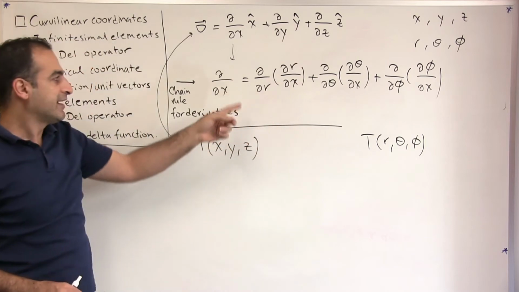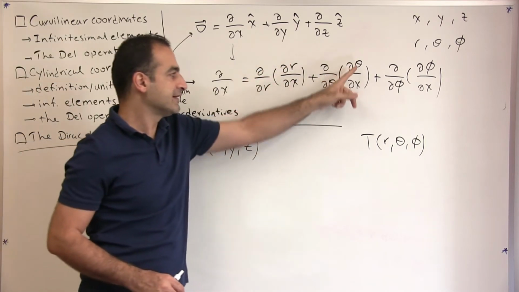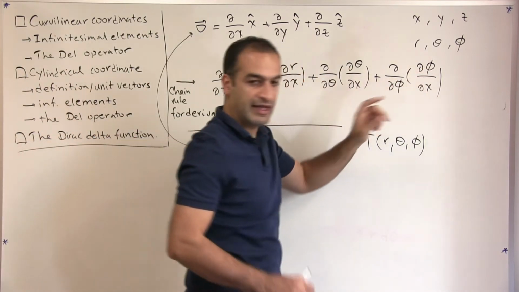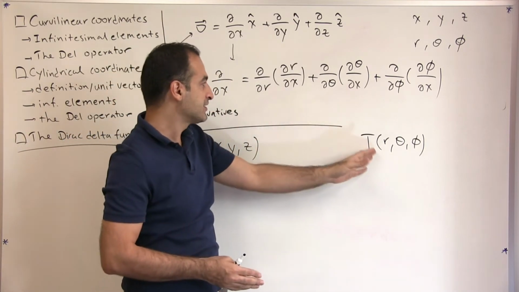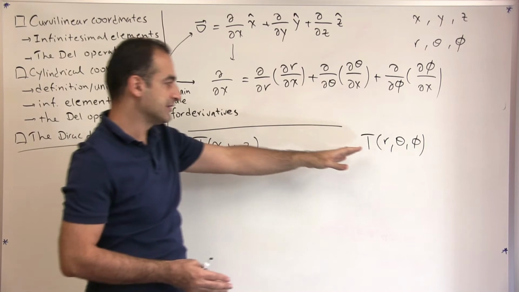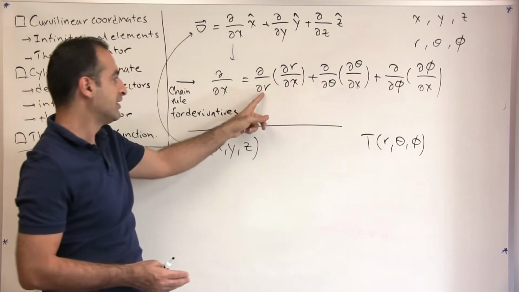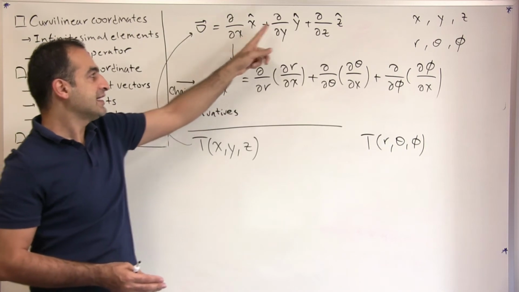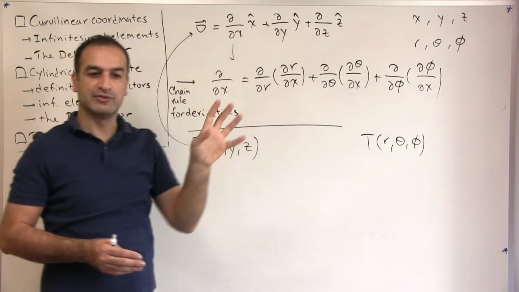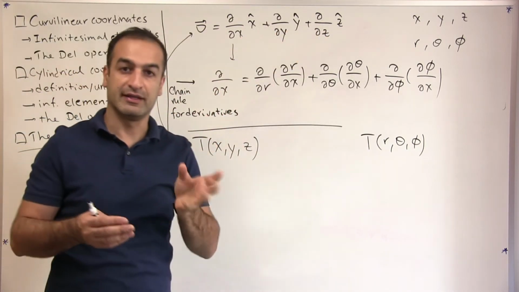You will have r in terms of x, theta in terms of x, phi in terms of x, and then you can calculate this partial derivative. And any function at the end, you can take the derivative with respect to r, theta, and phi instead of x. X hat, y hat, and z hat can also be written in terms of r, theta, and phi.